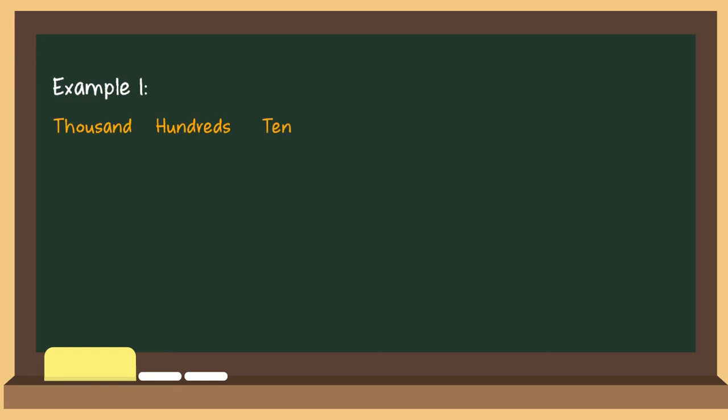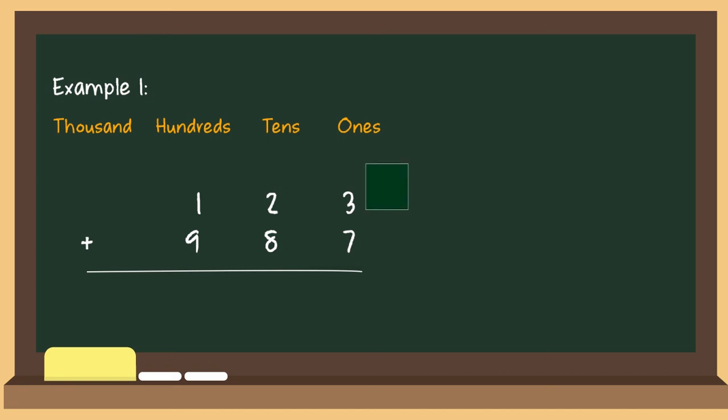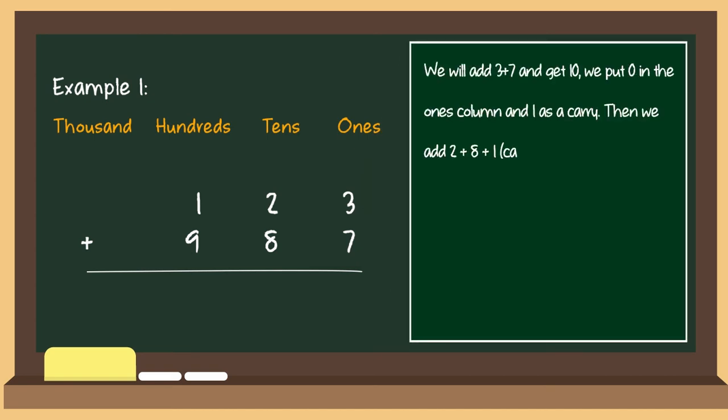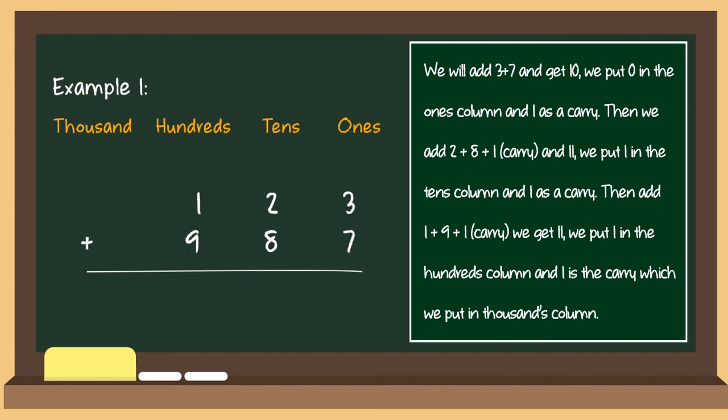Thousand, hundreds, tens, ones. We will add 3 plus 7 and get 10.